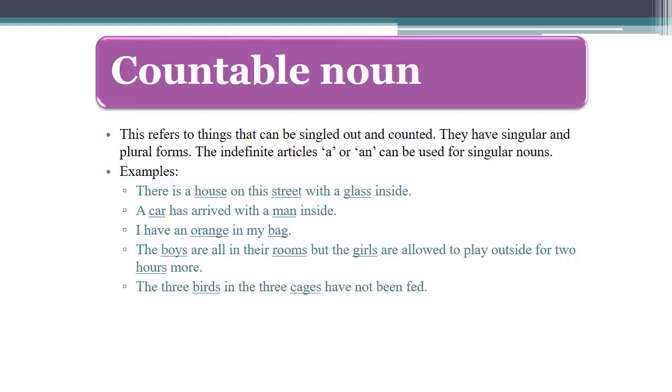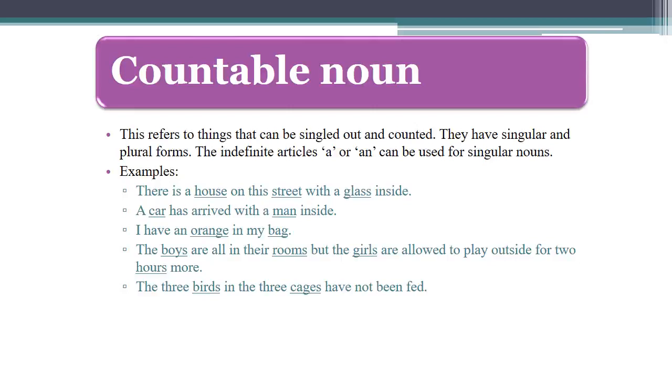There is a house on this street with a glass inside. A car has arrived with a man inside. I have an orange in my bag.